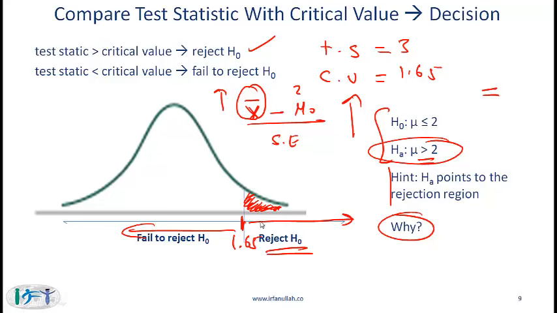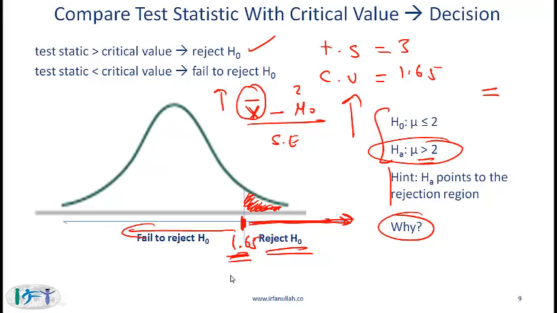A higher value of the test statistic means that your assertion is probably correct. And notice that a higher value of the test statistic would mean that you are somewhere on the right. The question now is, how much on the right must you be in order to reject the null? That point is given by the critical value, which is based on the significance. So this critical value of 1.65 is not based on x bar or mu naught.